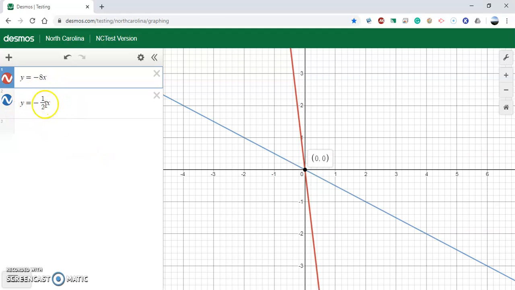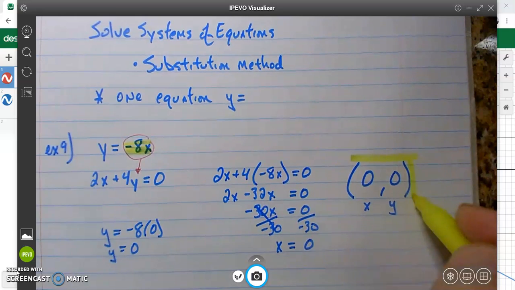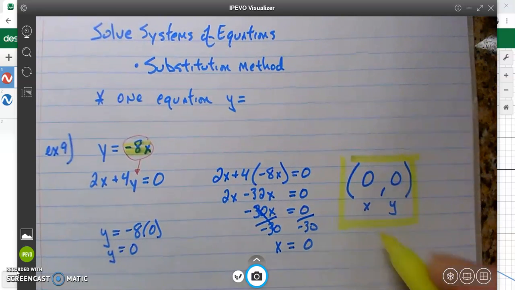Now, recognize that in order to graph this on Desmos, that second equation, I had to solve it first for y equals, which was one reason why substitution might have been easier in this case. So our solution is x equals 0 and y equals 0.